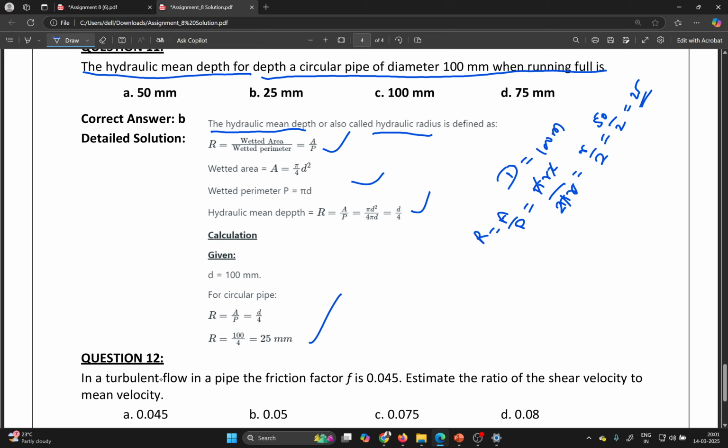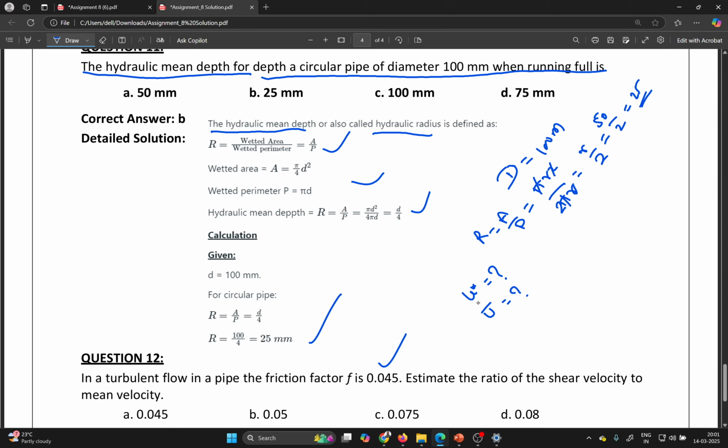Now the next question: in turbulent flow in a pipe with friction factor 0.04, estimate the ratio of shear velocity U star to the mean velocity U average.